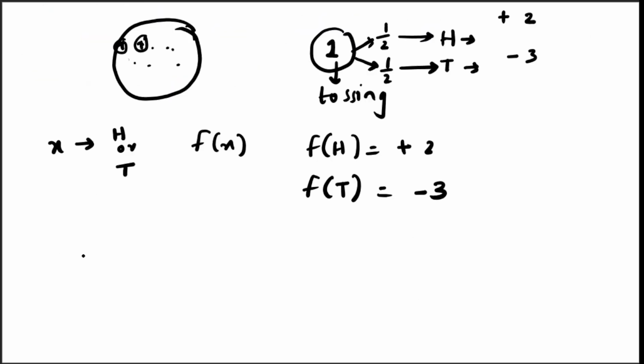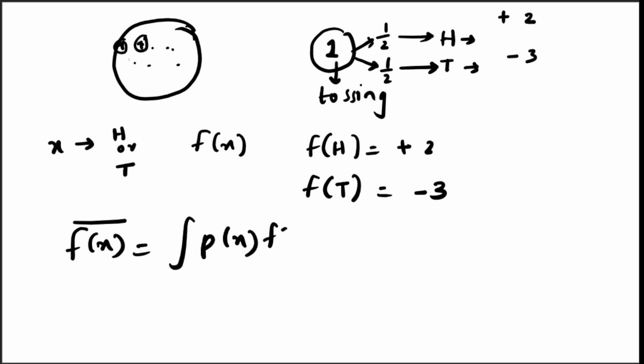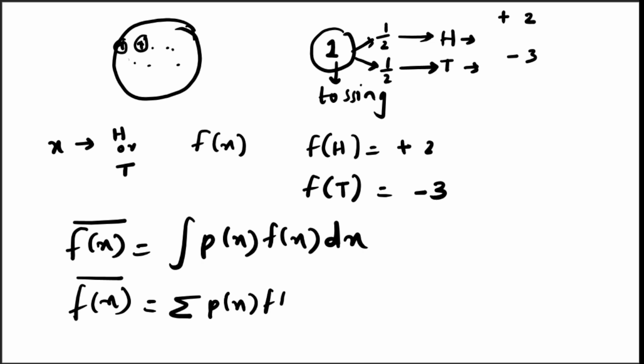Now, the average value of any function is simply the integral of p of x times f of x dx, right? But this is applicable if x is a continuous variable. Here we have a discrete variable x, so we have to use summation. The average value is given by sigma p of x f of x.